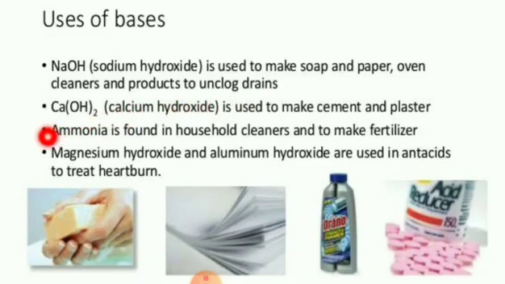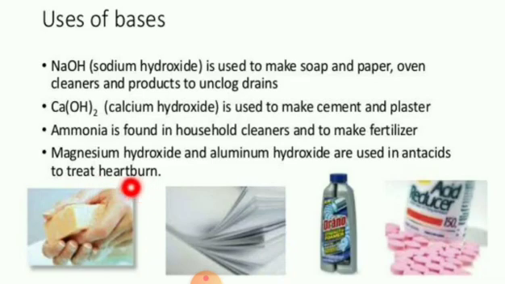Next, calcium hydroxide, Ca(OH)2, is used to make cement and plaster. Next, ammonia is found in household cleaners and is used to make fertilizer also. Magnesium hydroxide and aluminum hydroxide are used in antacids to treat heartburn.